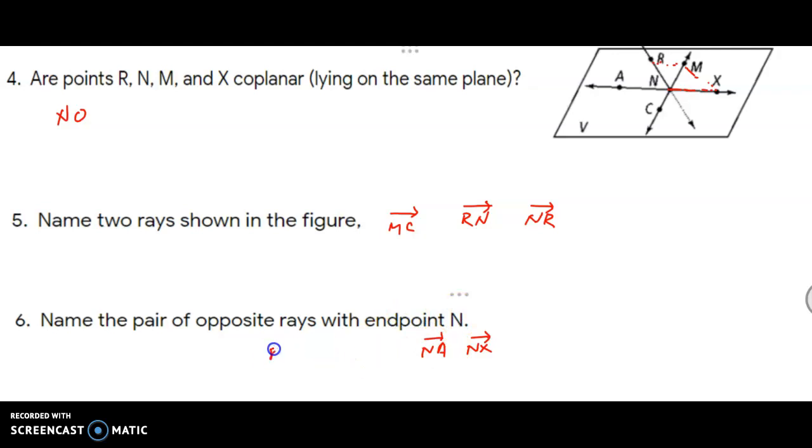You should not be doing something like this, okay? Like a left arrow, because it starts at N and goes in this left direction towards A. That doesn't mean that the notation flips, okay? The notation for a ray is always to the right, this way, okay?